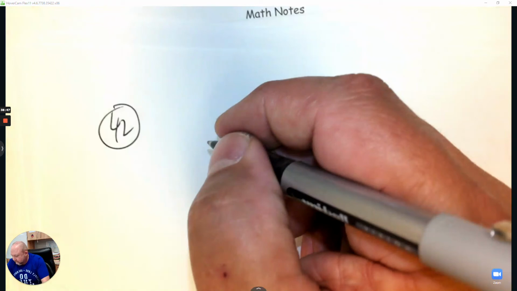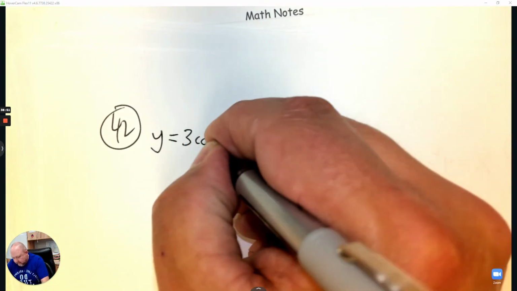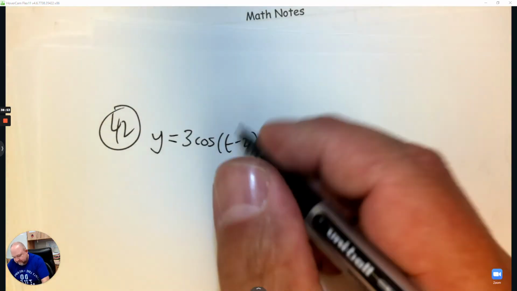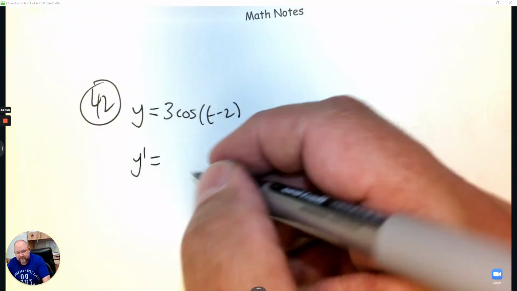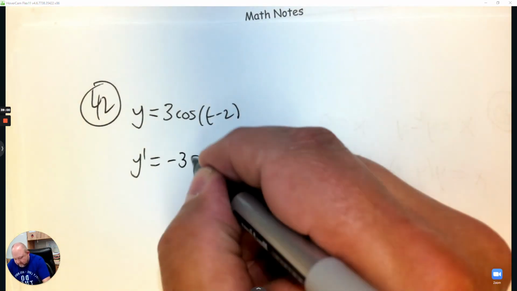42. Y equals 3 cosine t minus 2. Take the derivative. The derivative of cosine is negative sine.